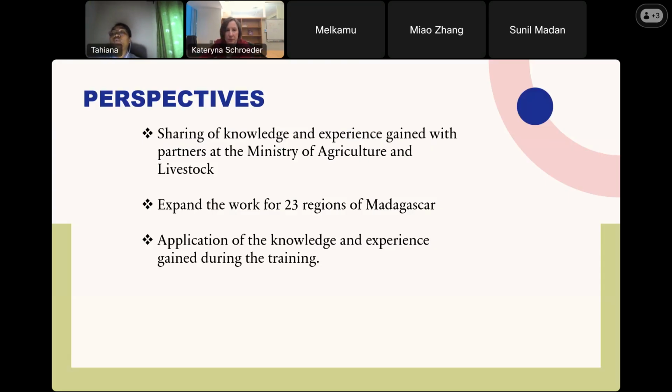And we have to expand the work to the 23 regions of Madagascar, because we think it's very easy to use the CropWatch platform to make decisions and help technical people in their work.